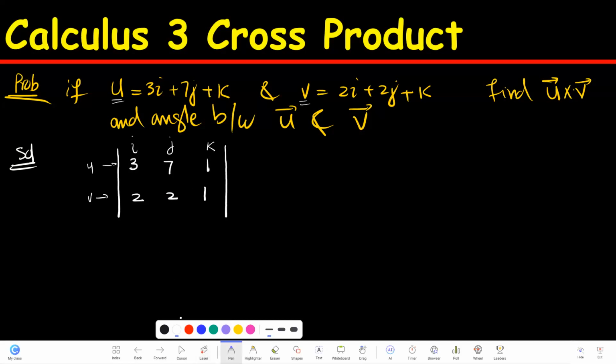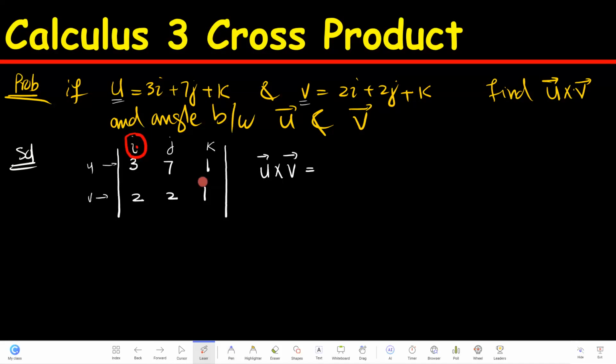I'm trying to multiply the two by using this method. So really my goal is u cross v. And I'm going to start with that. I'm going to take one by one, so the method works like this. You're going to take this i, ignore this column and this row, and multiply this 7 by 1 minus 2 times 1.